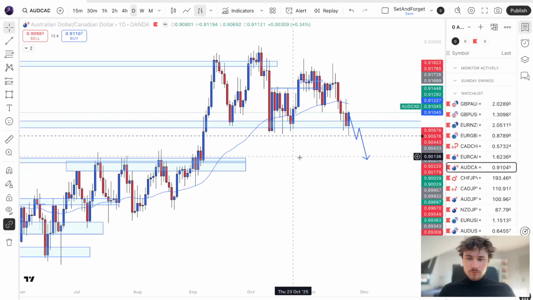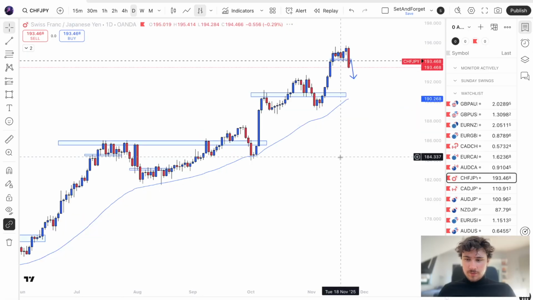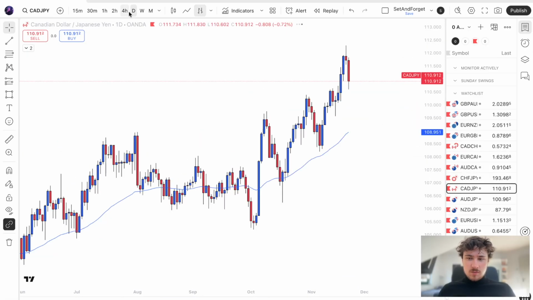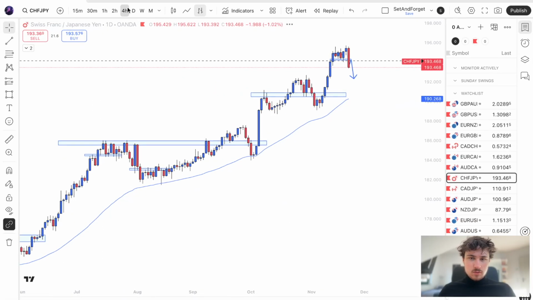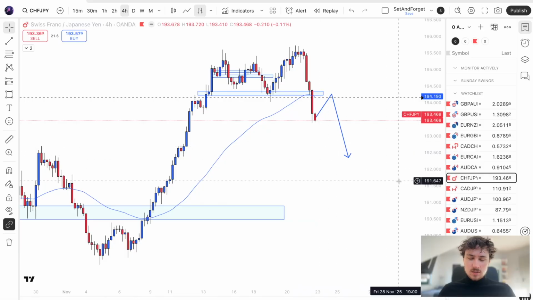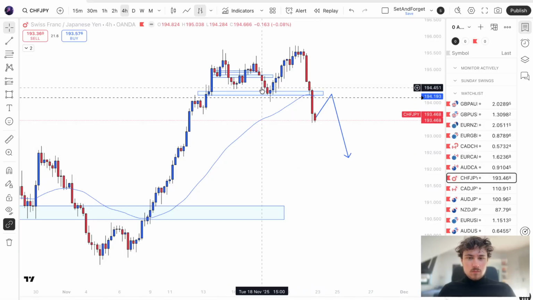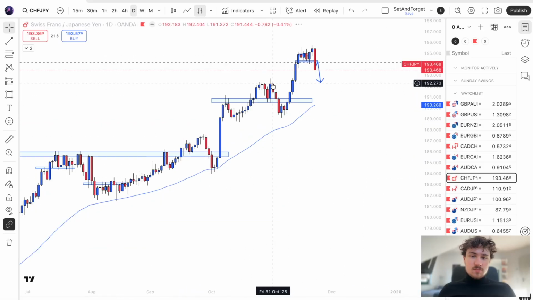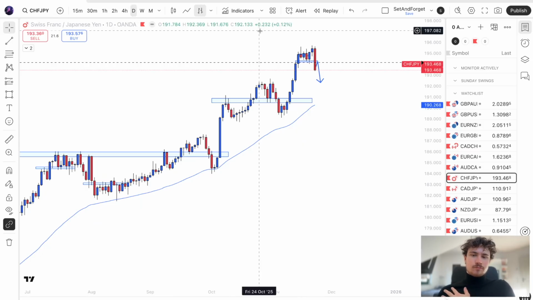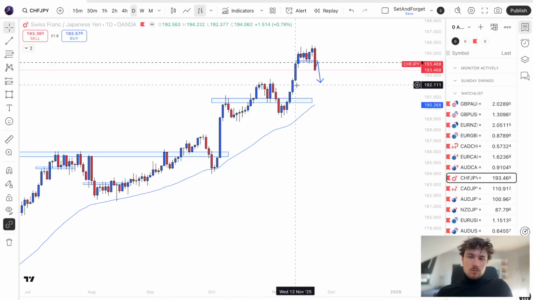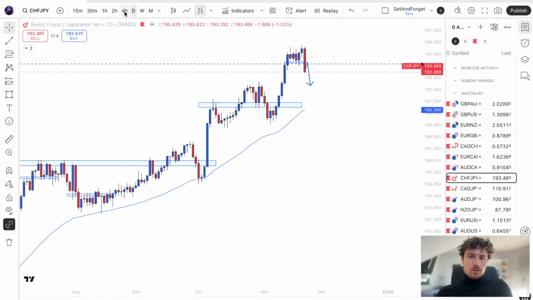All right. Then the JPY pairs. The JPY pairs are also basically all the same trade. I'm just gonna take whatever looks the cleanest. This is a bit high risk because we are so high up, but I think it looks nice. We have this double top on the weekly. Big bearish engulfing.